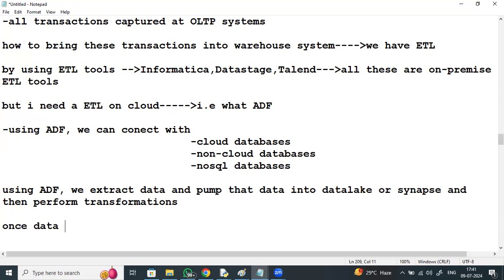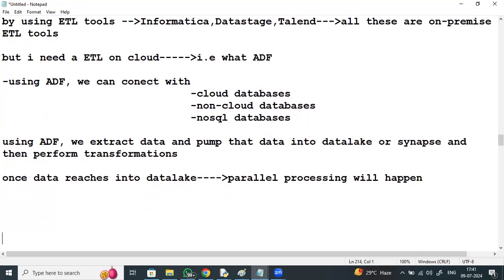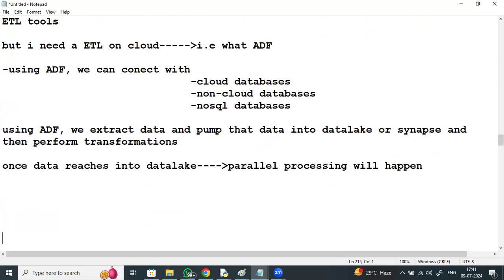Once the data reaches the data lake, parallel processing will happen, right? Here our working style is ELT, not ETL.